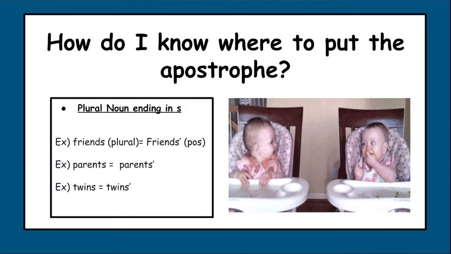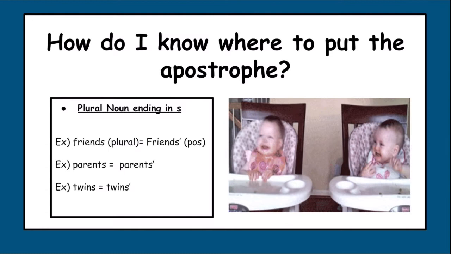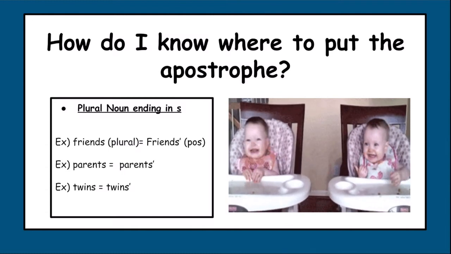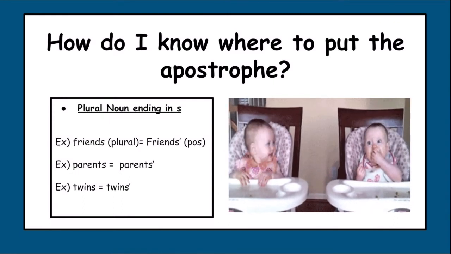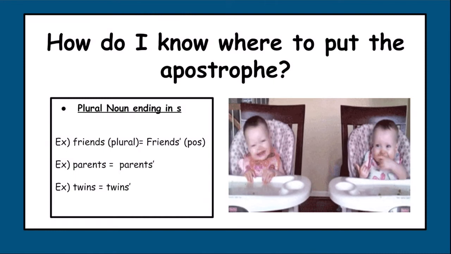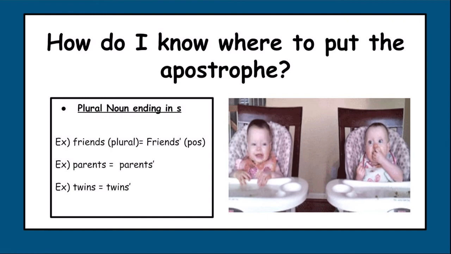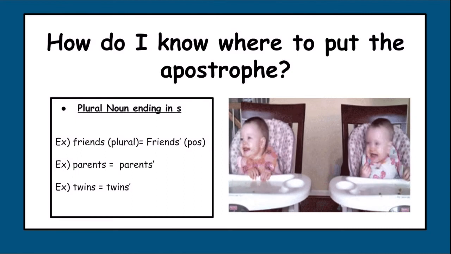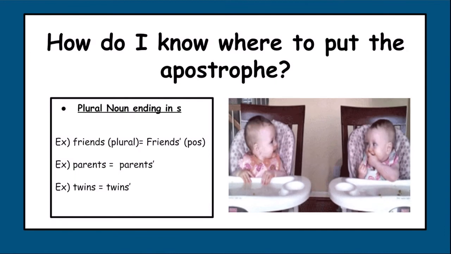Parents is more than one person, they're two people. Or if you have step parents or anything, you could have up to 4 different parents. If you're saying them in a sentence, if they're owning something, you would put the apostrophe after the S. Look at my parents' car. It's both of their car, so you would put an apostrophe after the S. And here's a good one, since we do have some twins in the school. Twins, and you would put the apostrophe after the S. You would say, look at the twins' jacket, right? They own that jacket.